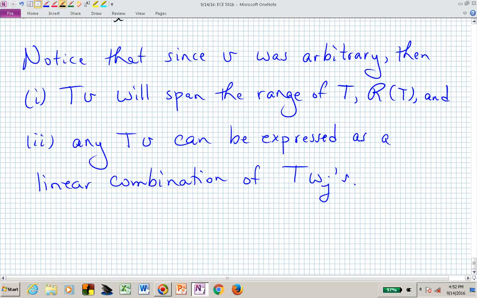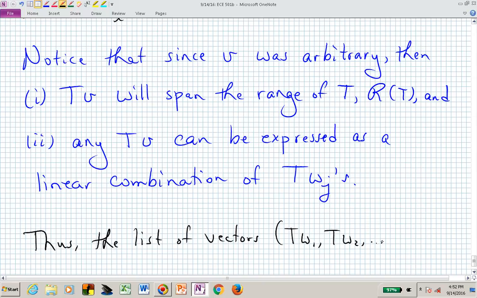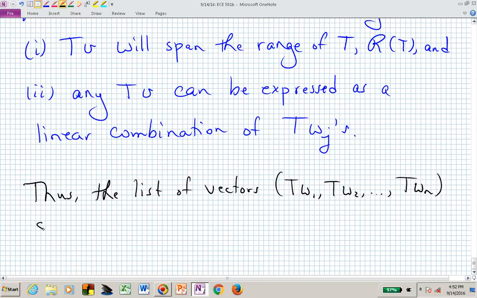And that now says, thus, the list of vectors Tw1, Tw2, up to Tw sub n, now spans the range of T. That's a spanning list.